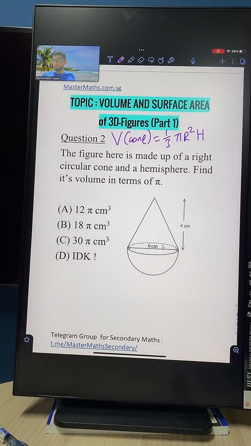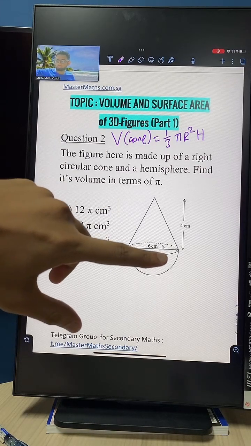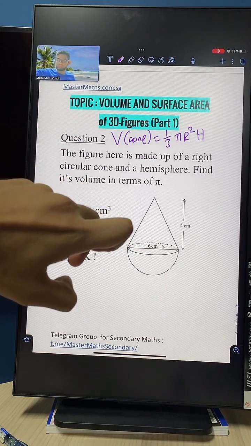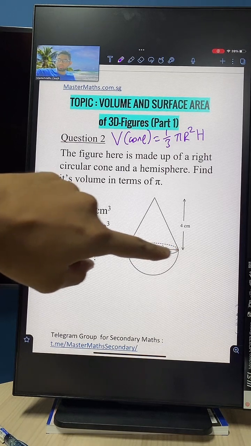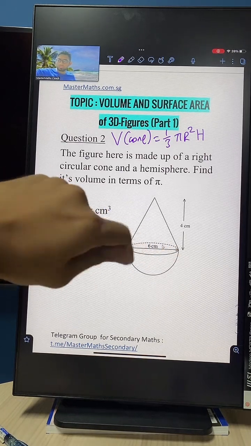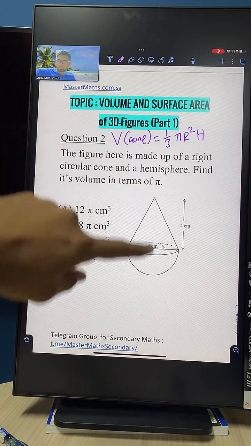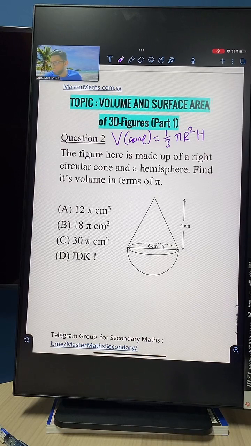That's why. Once you get the radius of the cone, you have the height. You can use that to find the volume of this cone already. So let's try and do that.